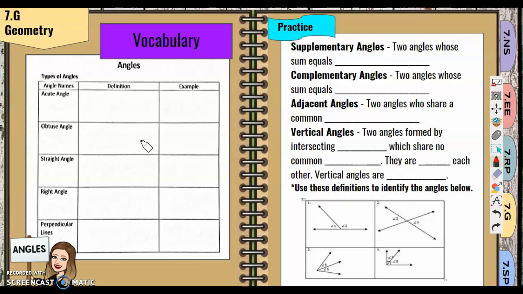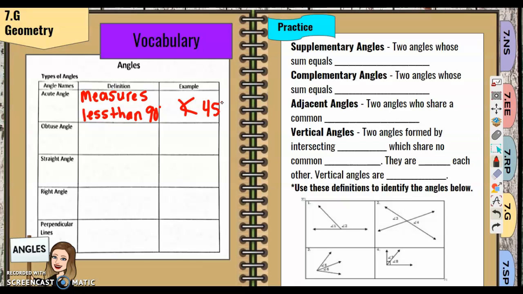We have an acute angle, and you might be familiar with some of these terms, but as a refresher, an acute angle is an angle whose measure equals less than 90 degrees. So measures less than 90 degrees. For example, this is a 45-degree angle, so it is an acute angle.